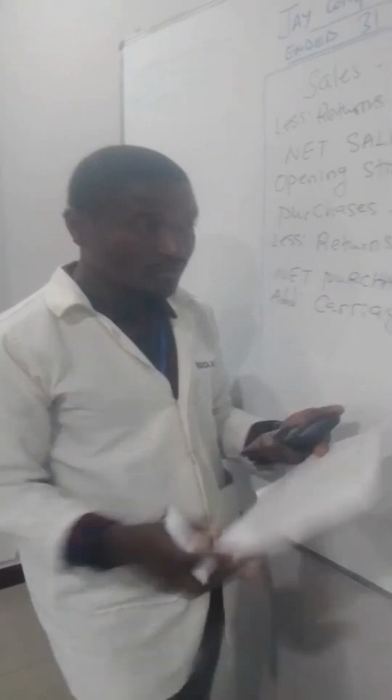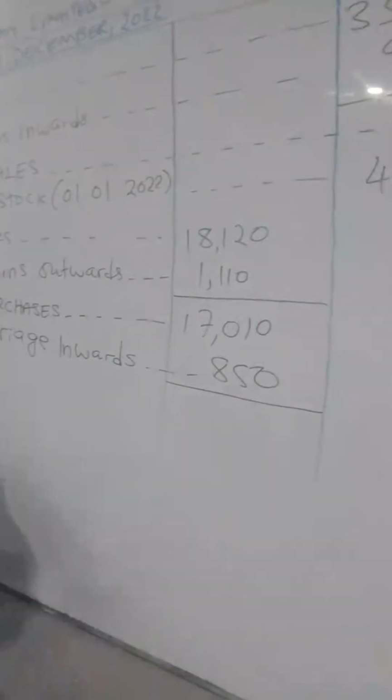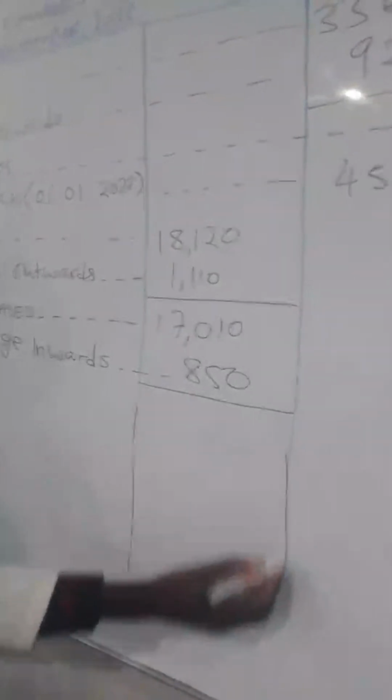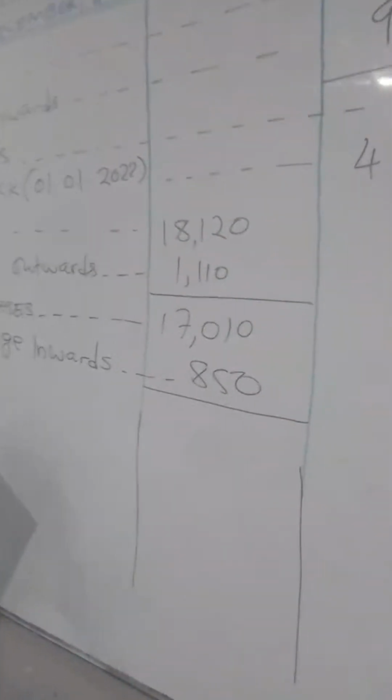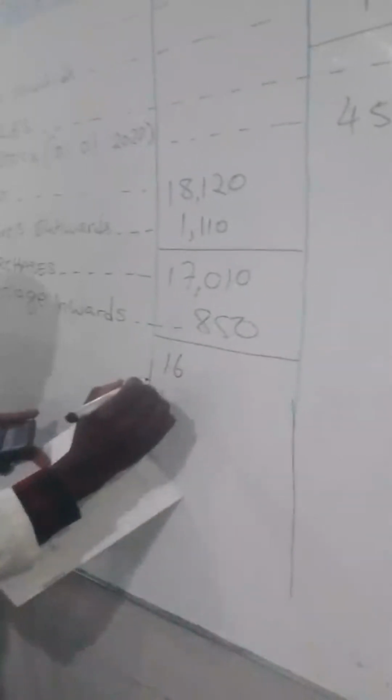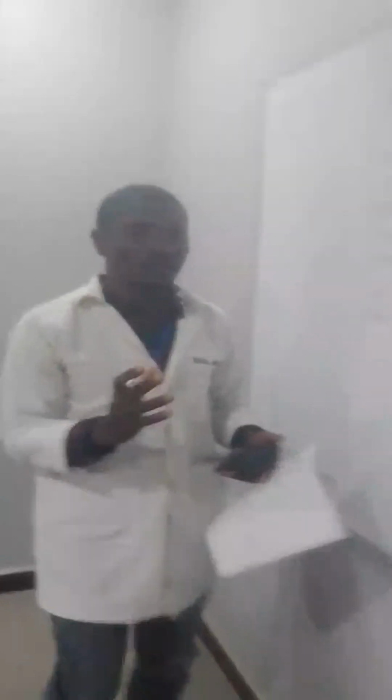So carriage inward is just 850. So once you do that, we add 17,010 plus 850, and it's going to give us 17,860.